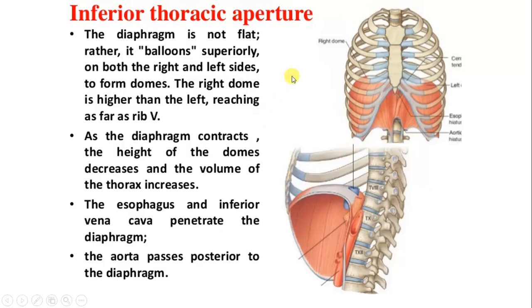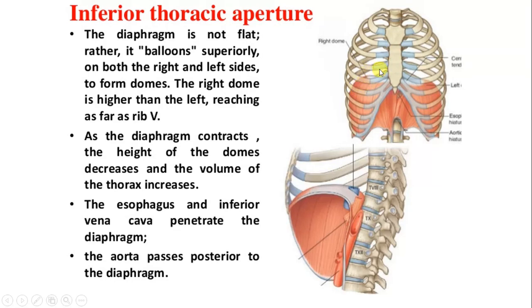Here it is shown that the diaphragm is balloon shaped, that is, its apex is upward into the thorax, covered by the rib cage. So here you see the height of the dome is at the level of, if we count the ribs, first, second, third, fourth and fifth, up to the fifth rib, touching the 1, 2, 3 and fourth intercostal spaces.